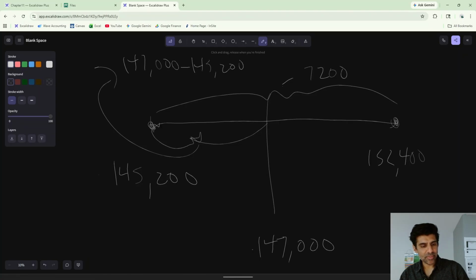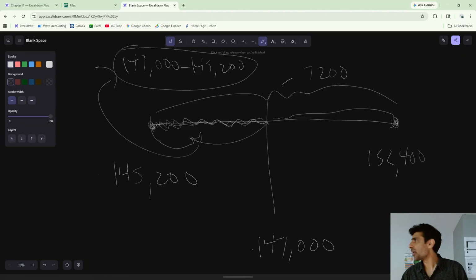And whatever that is, this amount is subject to OASDI. All this is not subject to OASDI. So I just want to figure out this amount here. And again, the math is 147,000 minus 145,200, which was how much they had earned prior to this paycheck.